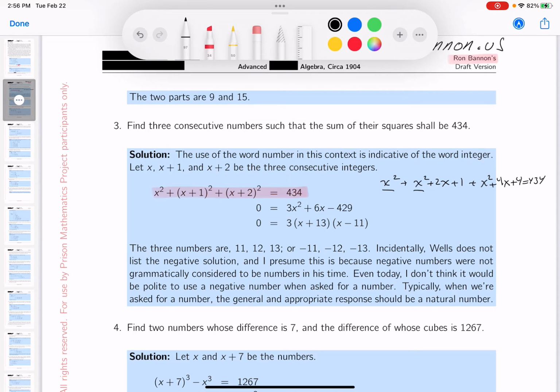Well, 1, 2, 3x squared. 2x and 4x is 6x. 1 and 4 is 5. But I'm going to take 434 from both sides, so minus 429 equals 0.